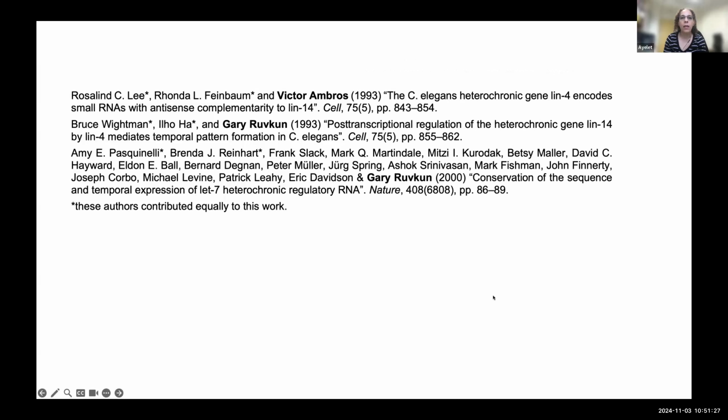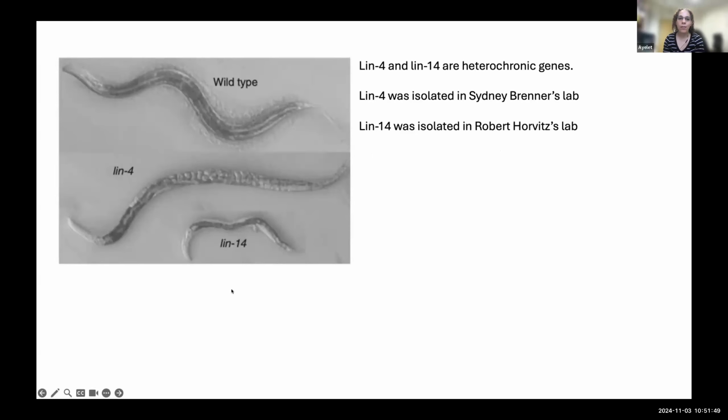Okay, so Victor Ambros and Gary Ruvkun both did postdocs with Bob Horvitz at MIT, and this is where they met, and they both worked on lin-14. They did the entire postdoc on lin-14, basically just to find the gene. So they did RFLP, chromosome walking, and they published several papers.